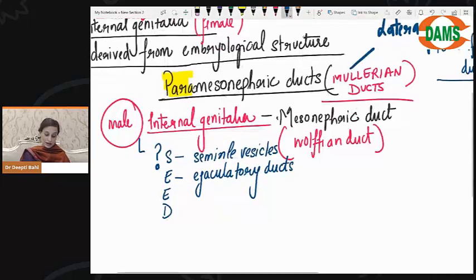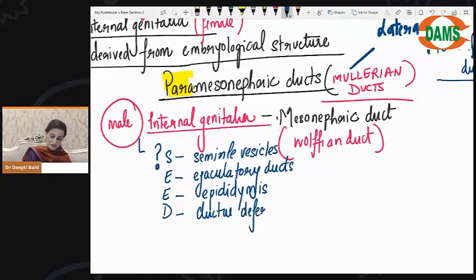Another E, epididymis, and D is ductus deferens or the vas deferens. So the male internal genitalia come from the Wolffian ducts, which are described by SEED: the seminal vesicles, the ejaculatory ducts, the epididymis, and the ductus deferens.